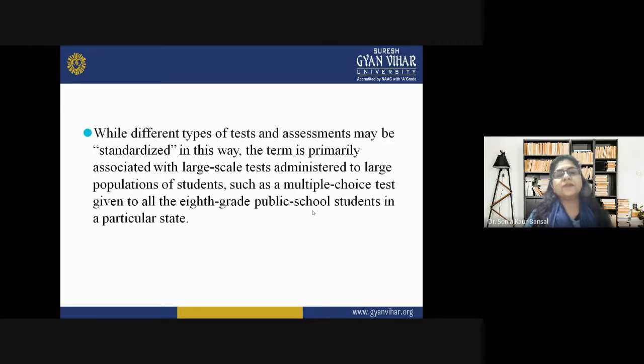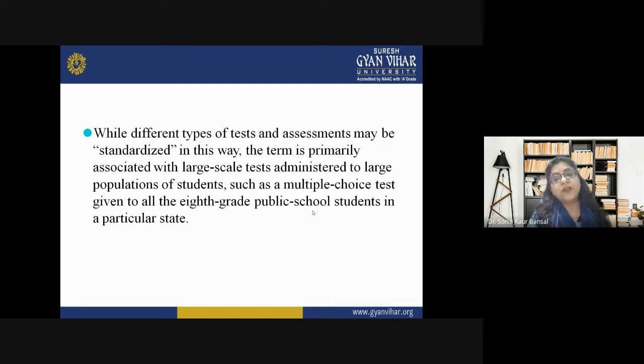While different types of tests and assessments may be standardized in this way, the term is primarily associated with large-scale tests administered to a large population of students, such as a multiple choice test given to all the 8th grade public school students in a particular state. So it is standardized in that way, and it is useful for that particular population.